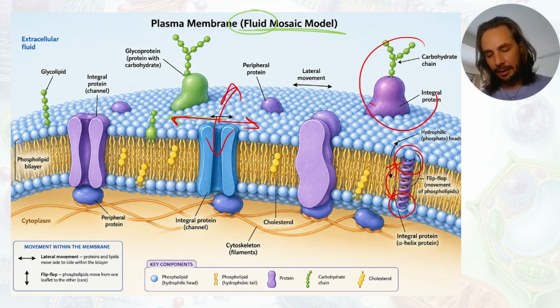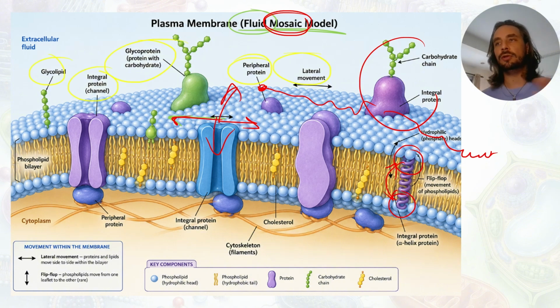This protein can float this way or it can float that way. So it has a lot of different movement. It's fluid, okay? And it's called the mosaic model because it has all these different components to the cell membrane.